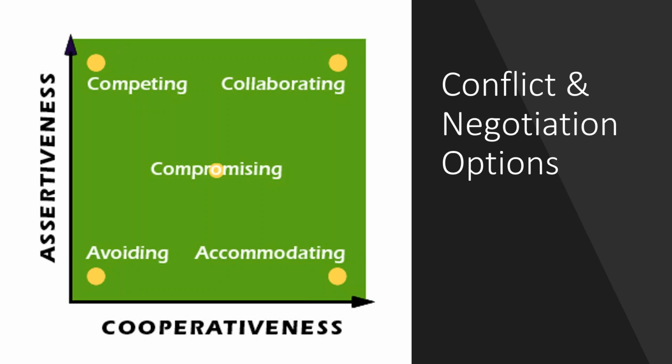Now, if your score is relatively high on accommodation, it probably means that you're a bit of a doormat and you're allowing people to walk all over you when they shouldn't. So you're allowing people to take advantage of you, and that's not a good place to be, because by allowing other people to take advantage of you and doing it too often, you're signaling to the other people that know you very well that if they push hard enough, they will probably get their own way.